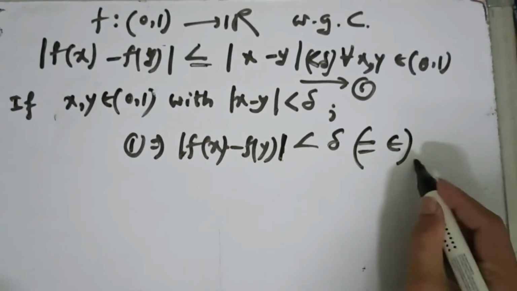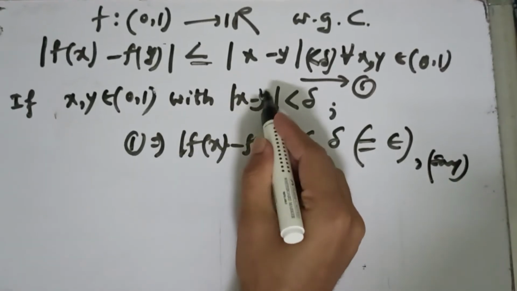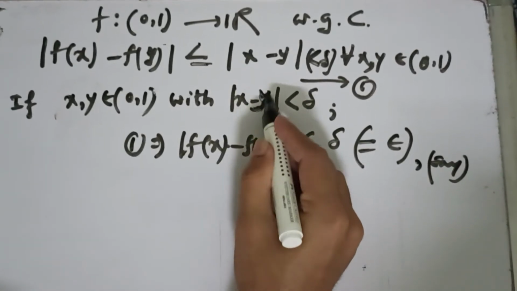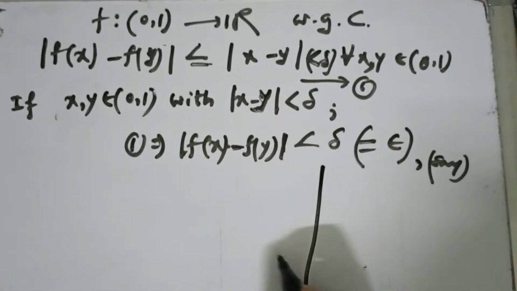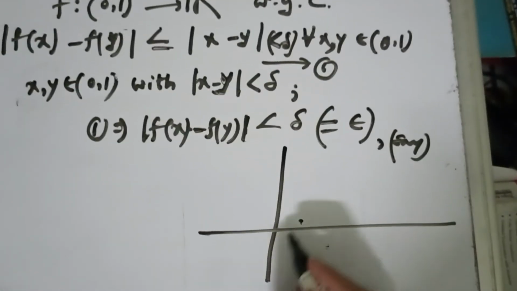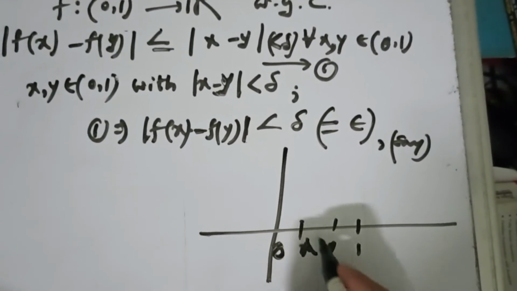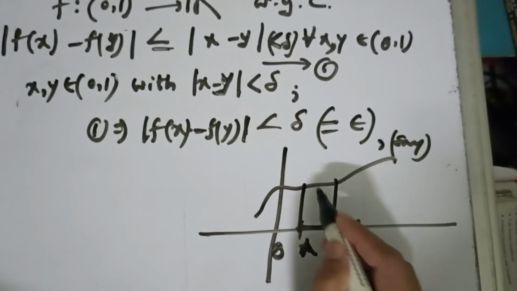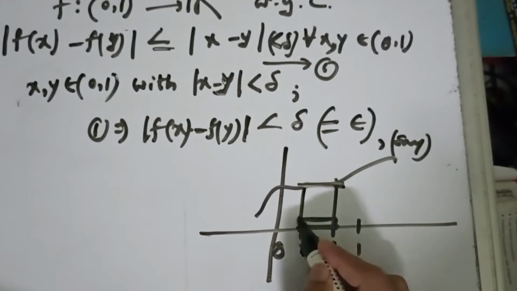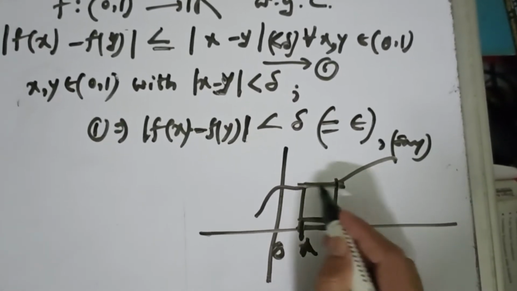Okay, so if we have |x - y| less than delta, then we get the images' difference |f(x) - f(y)| less than epsilon. Here is 0, here is 1, there are x and y. If the distance between two points is less than delta, then the distance between the images of the function will be less than epsilon.